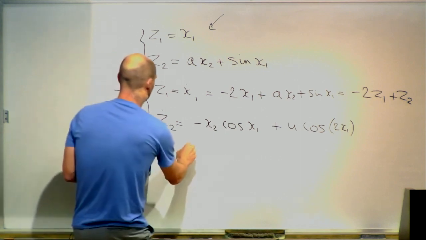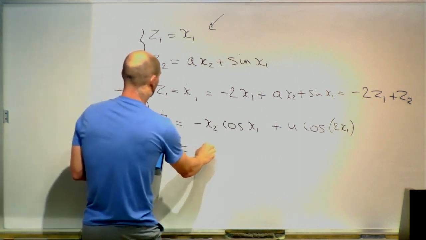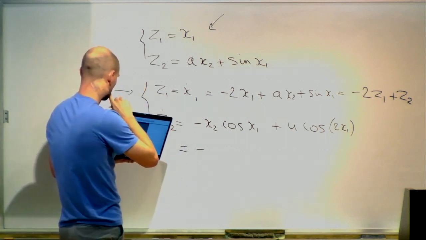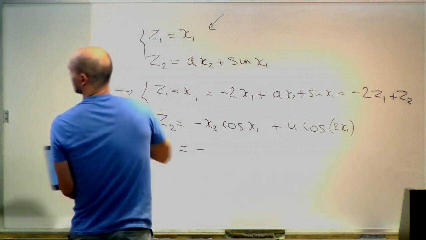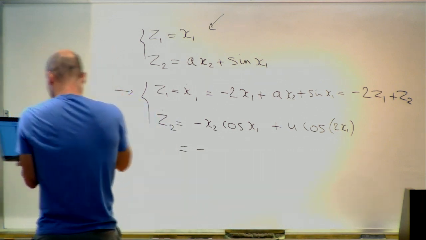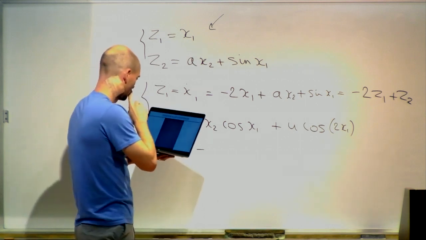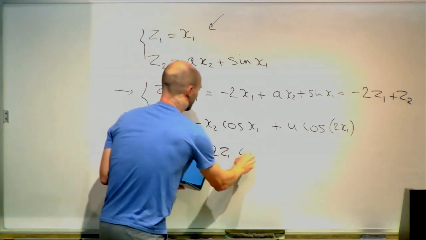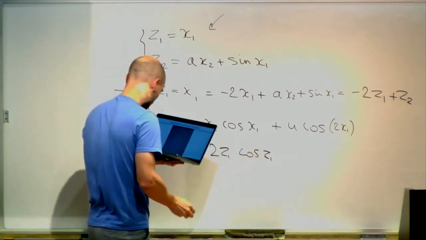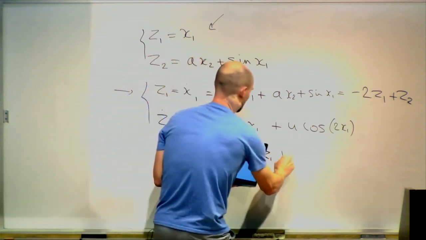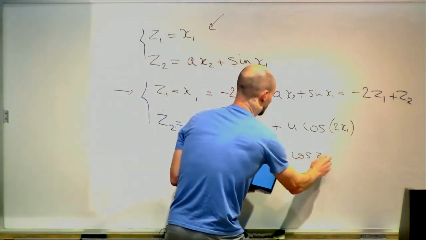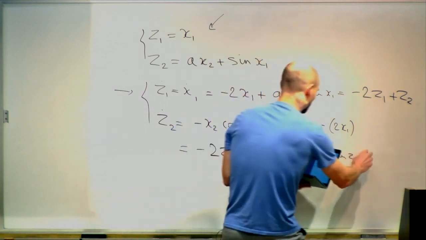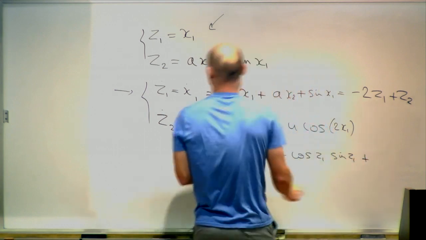We can actually write this as minus, is that the correct one? Let's see. Minus 2 z1 cosine z1 plus cosine z1 sine z1 plus, am I missing an a somewhere?